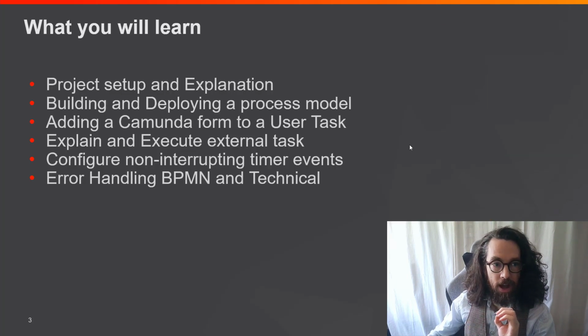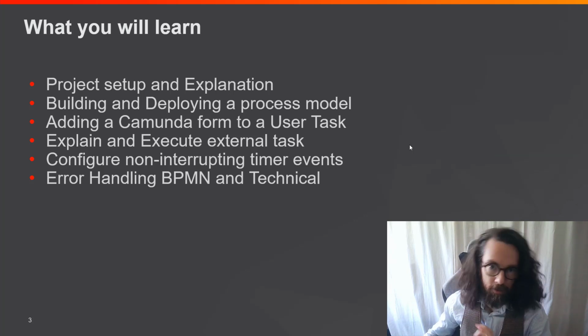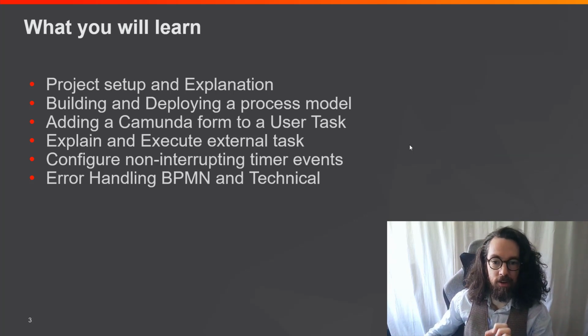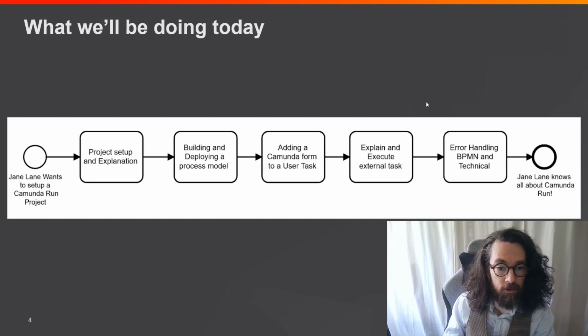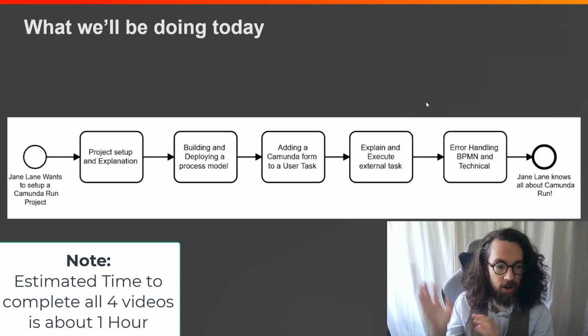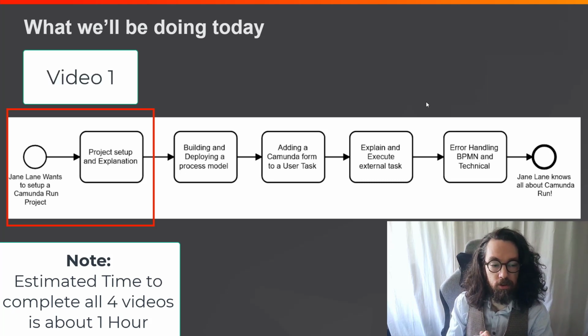We also have a bunch of things we'll be doing. They're all listed here, point after point, but I prefer to list my things in order of state transition, which is why I've created a BPMN process for this. In BPMN, we start with Jane Lane wants to create a Camunda Run project. Easy. What we'll do is download and start up the project.